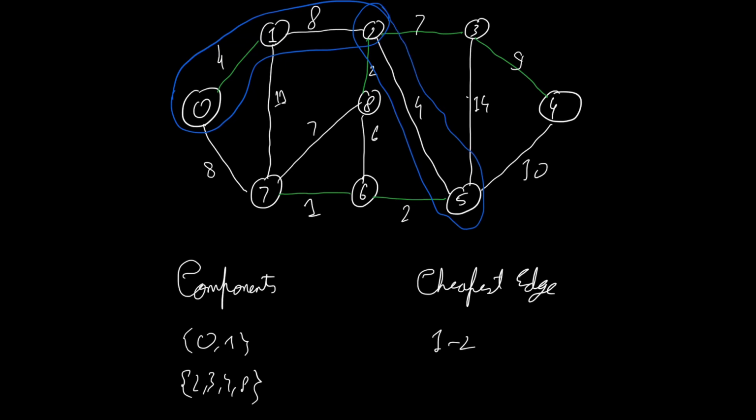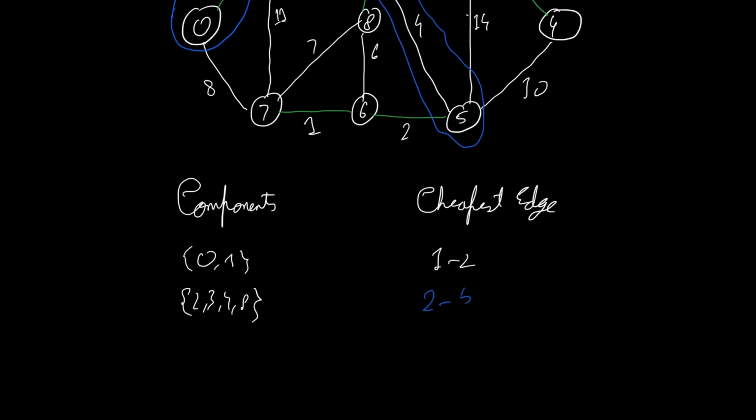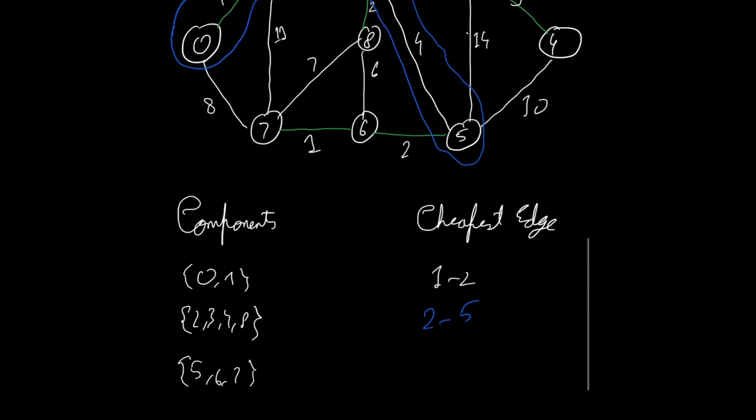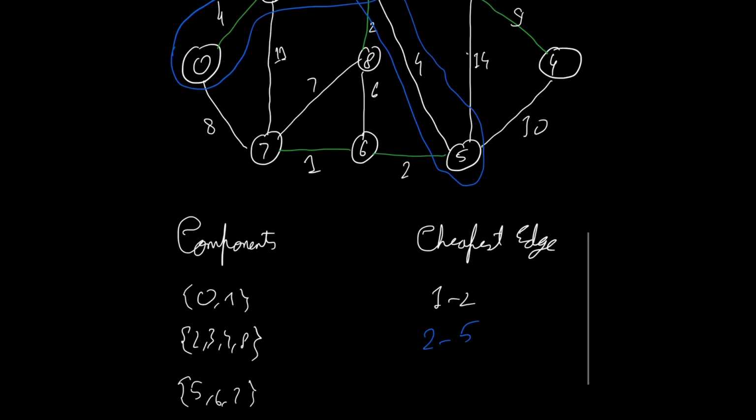As you can see here, in the next step we will be able to see it clearly. The 0, 1 set will be added to the 8 through 3, 4 set. But here the cheapest is of course 2 to 5, and for the last set it is 5, 6, 7, and the cheapest edge to this will be 2 to 5 again, as it is 4.